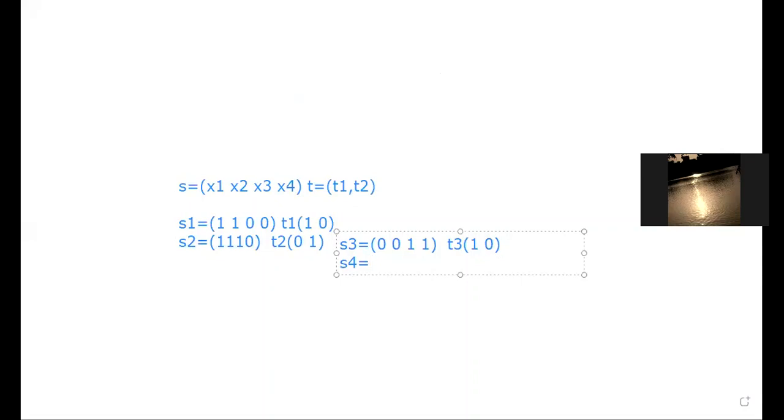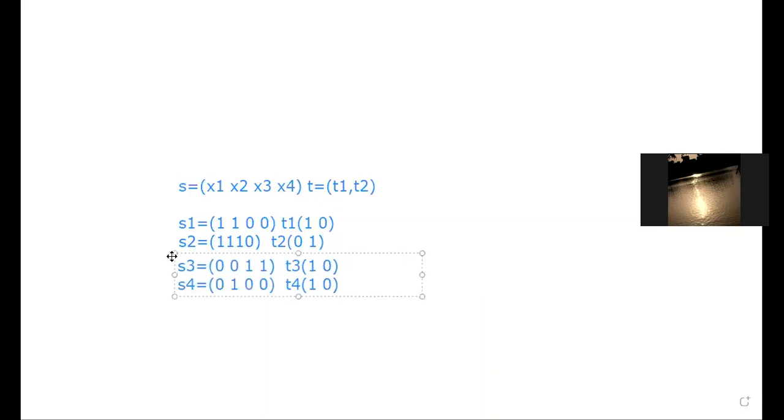S4 is equal to 0, 1, 0, 0, and T4 mentioned as 1, 0. Okay, so you need to find out the weight matrix for this input row vector and output row vector.